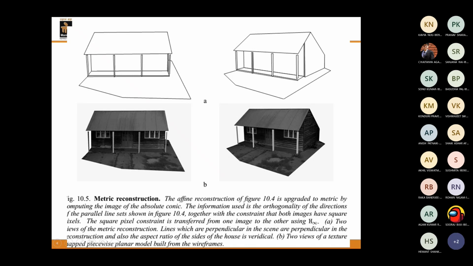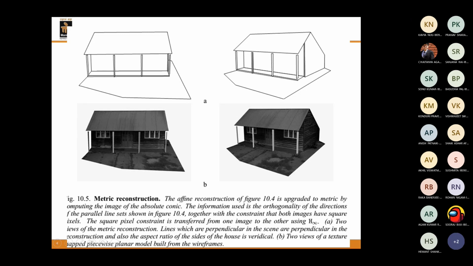In the stratified approach, first you convert to the affine space by determining the plane at infinity. We find it by identifying the parallel lines, finding the points at infinity where they meet, and from these points we find the plane at infinity, or pi infinity, right?